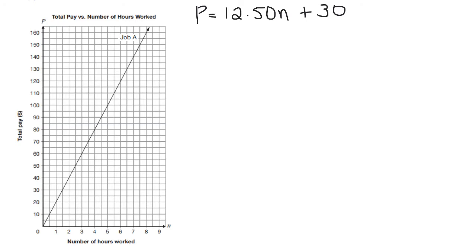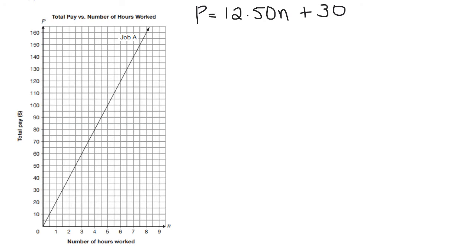Now, in order to graph this equation onto our grid, we could go ahead and try to graph it the way that we did in our previous example, where we marked our first point on our y-intercept value, and then we used our slope to give us the directions to move on the grid.